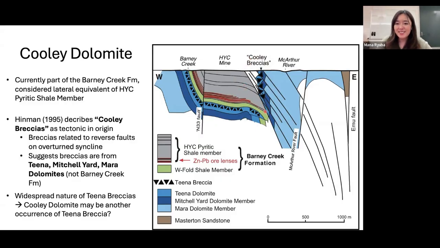And we're quite certain of this because Malcolm, Chris, and Nick recently were able to take a trip to McArthur River and see this Cooley Dolomite. And from what they've told me, it looks exactly the same as the Teena breccias. So that's really exciting.